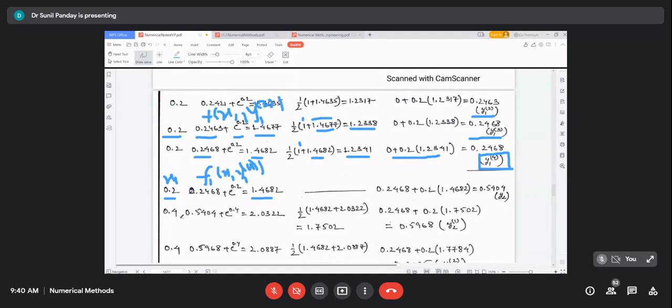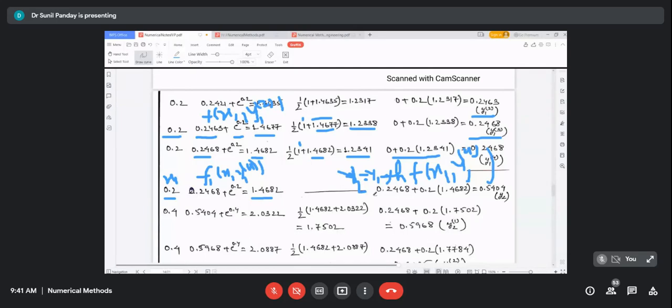So for calculating y2, again we use our Euler's method. We do not have any slope right now. So the first value of y2 is also calculated using our Euler's method, and that is actually y2 equals y1 plus h f of x1 comma y1 fourth.